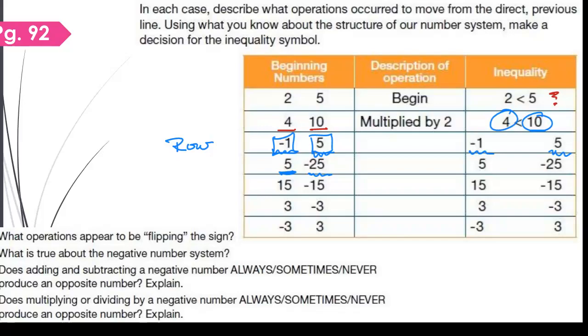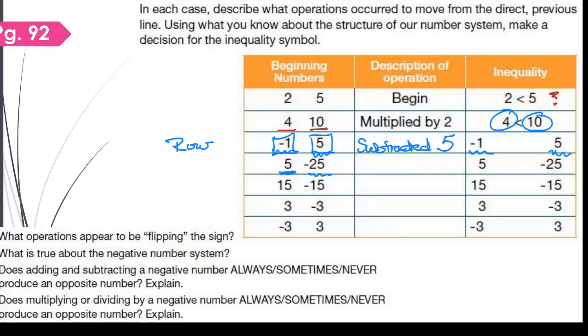Subtract 5. Yes, we subtracted 5. We didn't subtract negative 5. If you subtract negative 5, that is actually adding 5. So we just subtracted 5, because 4 minus 5 is negative 1 and 10 minus 5 is 5.